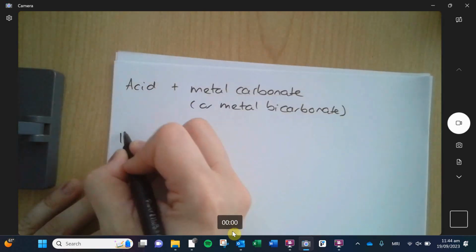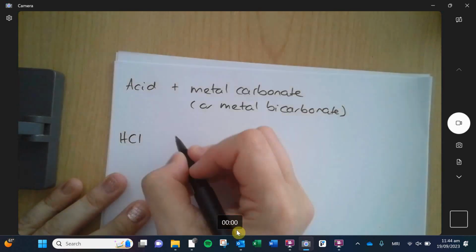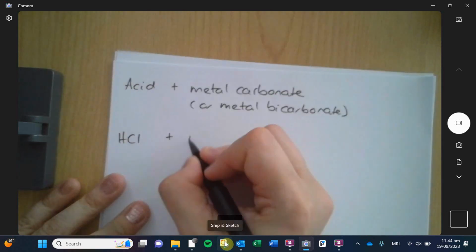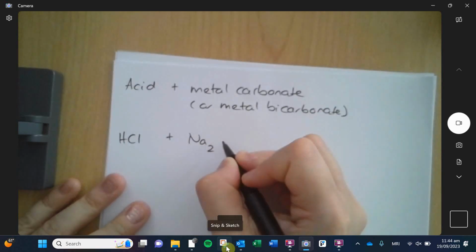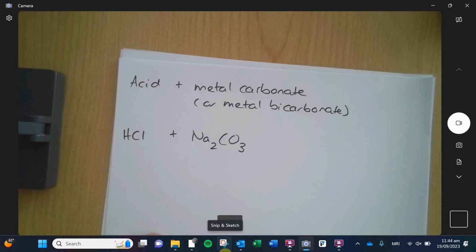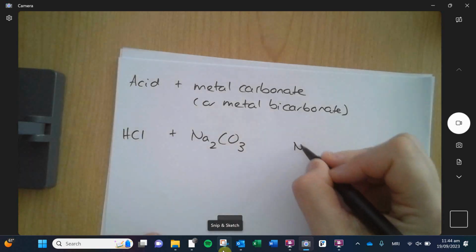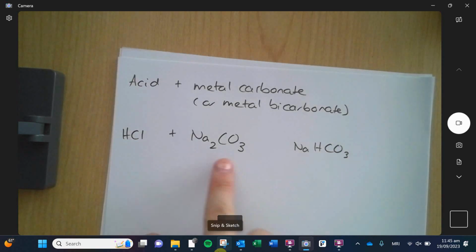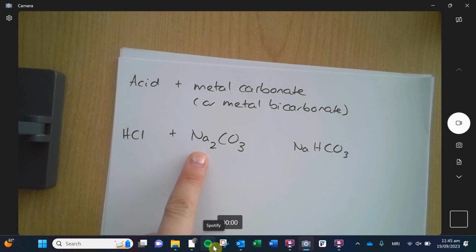So an acid would be like hydrochloric acid, and a metal carbonate would be something like sodium carbonate. Metal bicarbonate would be sodium bicarbonate, which would just be like that. So it's the same kind of formula. The only difference is that I have a hydrogen instead of an extra sodium.